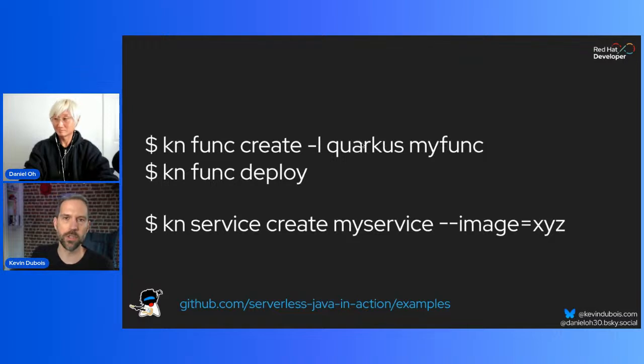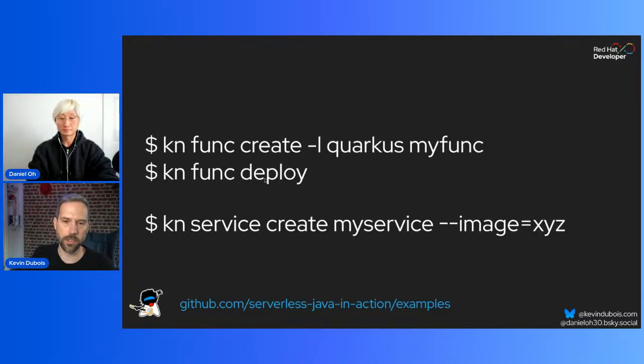So it expands to different languages, scaffolds the code for you, and then you give it the name of a function, and it creates a function for you with some opinionated code already in it. Of course you can go ahead and modify it the way you want to, for example, to what Dan was showing with the planet details and the planet landing requests. And then you can deploy your function with kn func deploy.